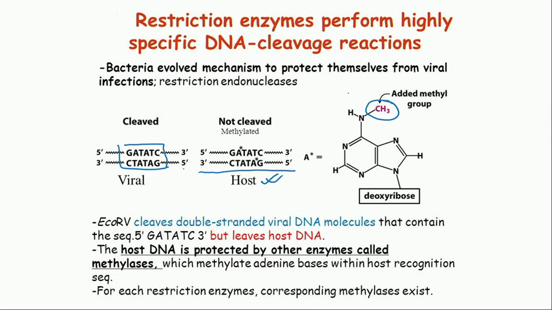Better to cut the other ones, meaning the viral DNA, which is not methylated, where the A's are normal A's. That is the bacterial way of identifying self and external DNA, just by putting a methyl group on the host DNA, that means the bacterial DNA.